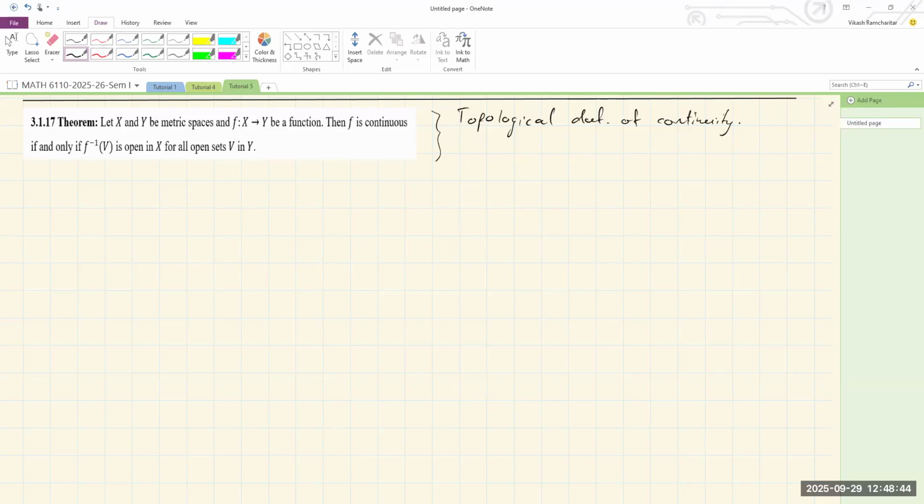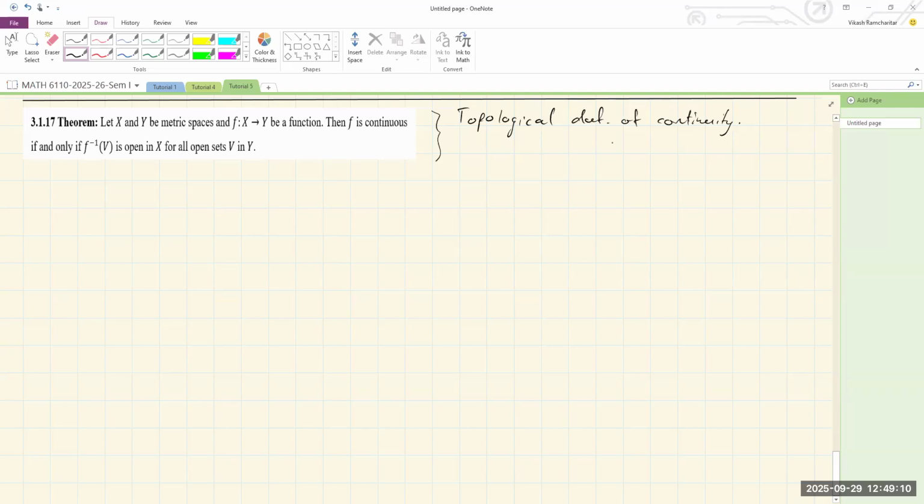So they don't necessarily have a way to measure distances between points in a topological space like we do in a metric space. However, the study of continuous functions lives in topology, not in real analysis. But there's, of course, a lot of overlap between continuous functions and many different areas of mathematics.